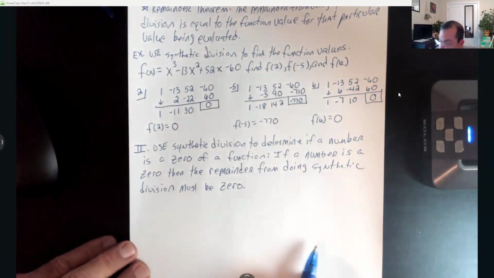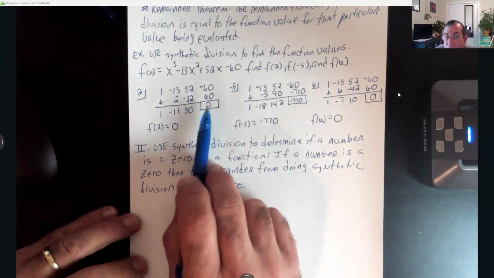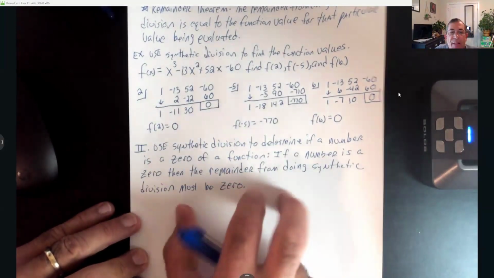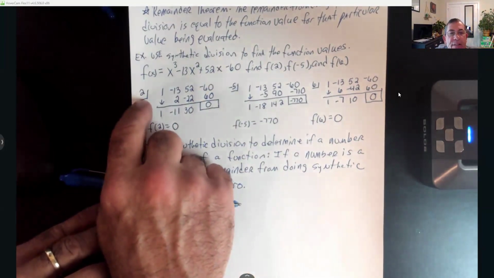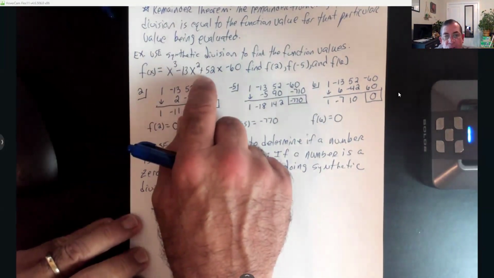Okay, so if I run through synthetic division and I get a zero like I did here, then that means that that number is actually a zero of that function.